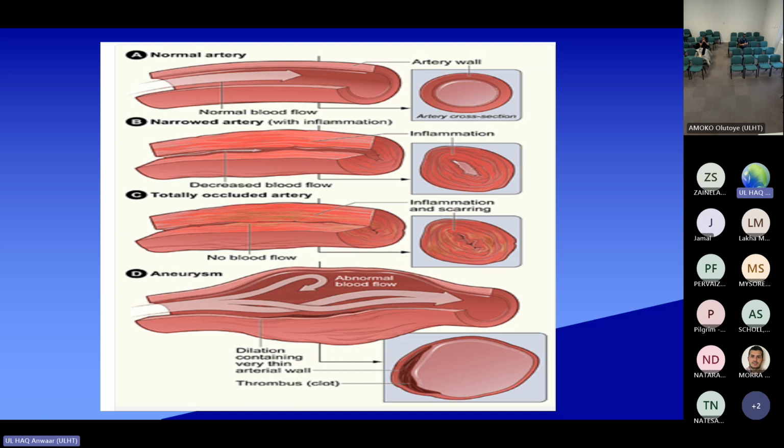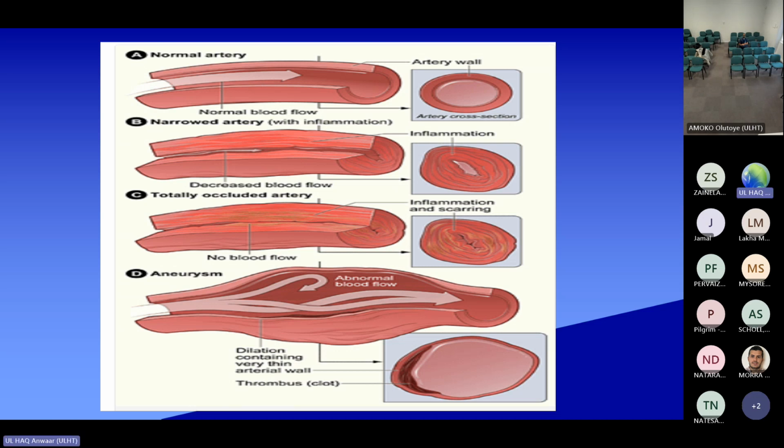When there is inflammation in the wall of the artery and swelling, the lumen becomes narrower and narrower. And when there is a complete occlusion and the blood stops flowing distally, there is a risk of infarction or ischemic pains.